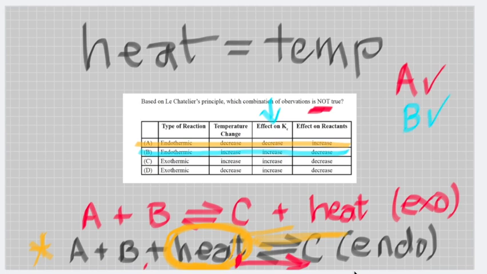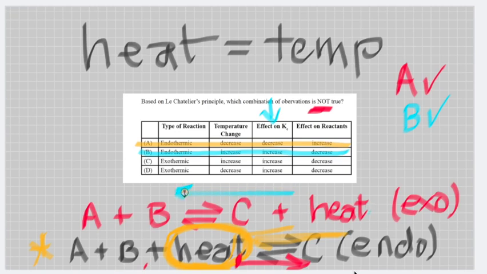Now let's look at C, which is an exothermic reaction. In an exothermic reaction, heat energy is released. Treating temperature and heat as the same thing, an increase in temperature would be an increase in heat, and that would drive this reaction this way according to Le Chatelier's principle.